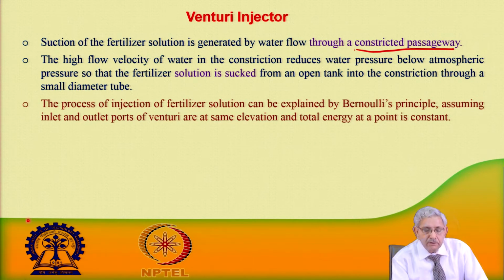The high flow velocity of water in the constriction reduces the pressure. I will show you the diagram where you will see why the pressure gets reduced and velocity increases. This pressure becomes subatmospheric, so fertilizer solution is sucked from an open tank into the constriction through a small diameter tube.